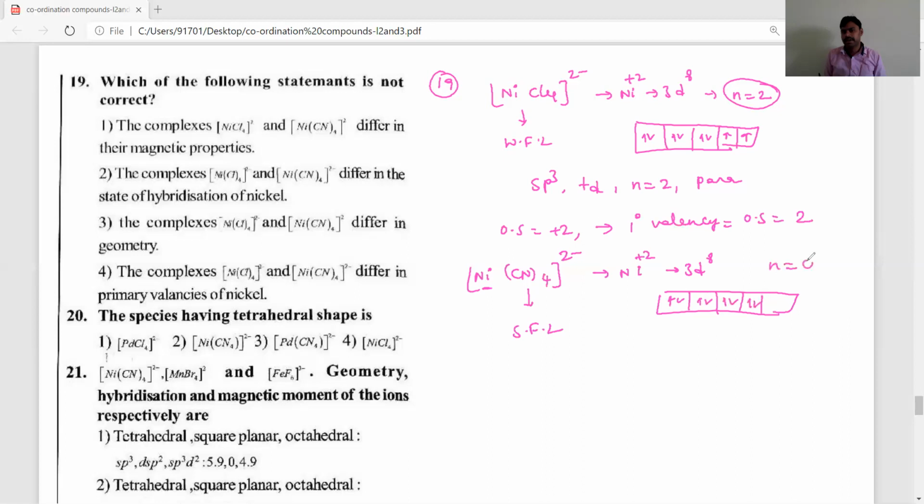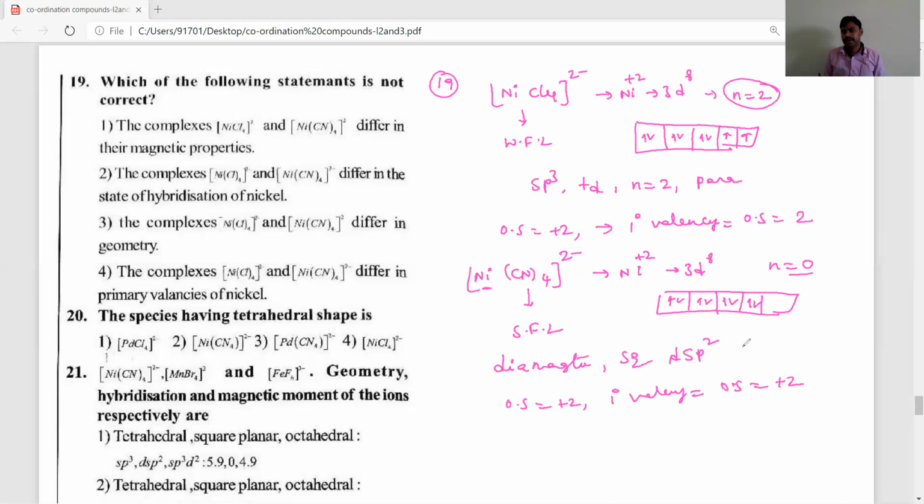That's why n is equal to 0, diamagnetic nature. Its geometry is square planar with dsp2 hybridization, and the oxidation state +2 means the primary valency is 2.